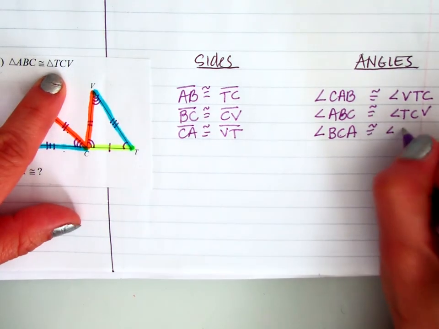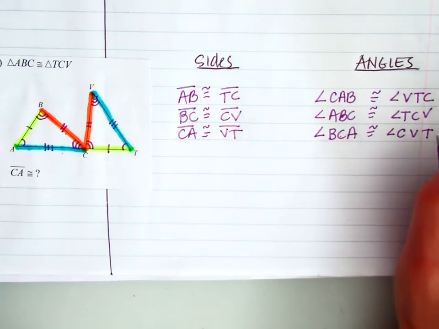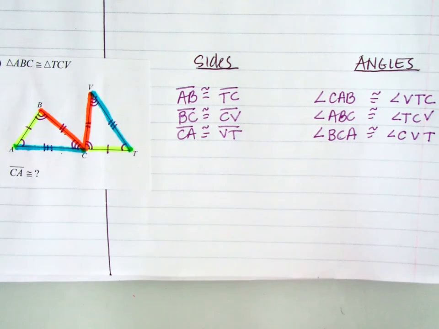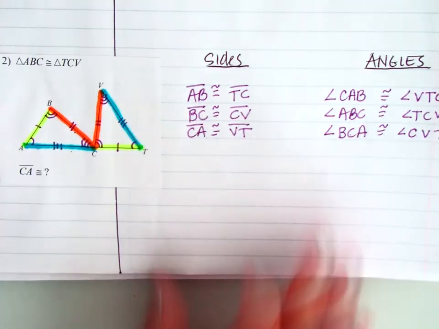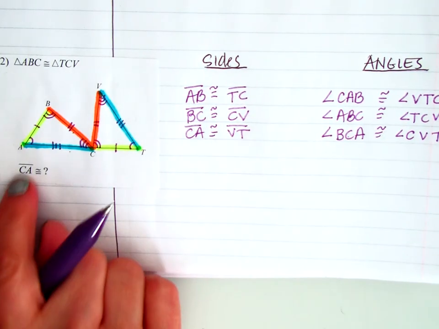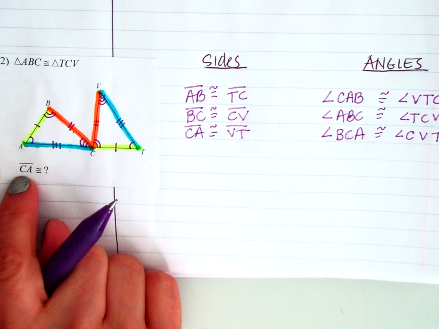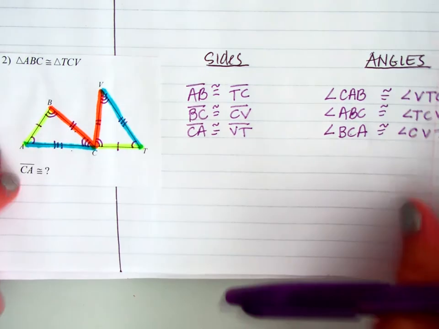So angle CVT. So from here, we're going to now decide what segment actually is congruent to side CA. So if you want to pause the video, okay? All right.